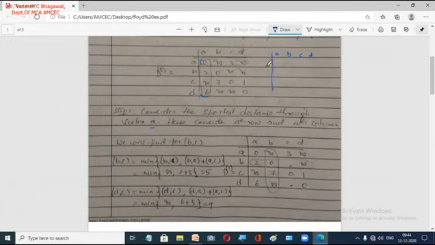So we take the vertices A, B, C, D. So A, then we have B, vertex C and D.